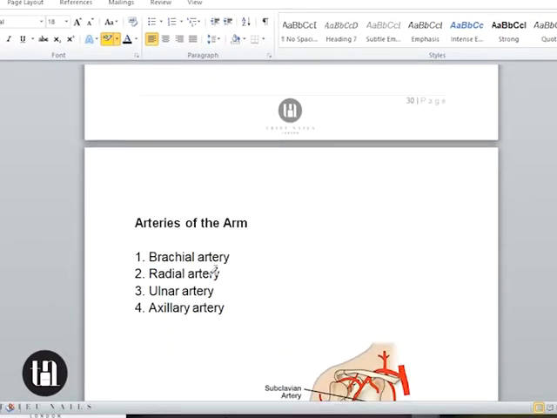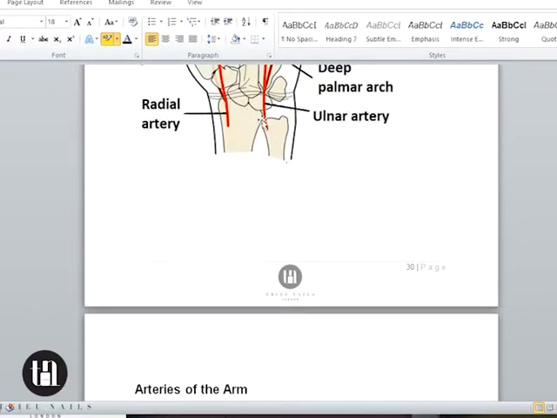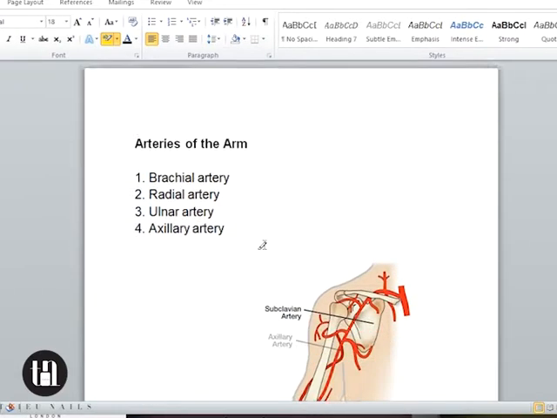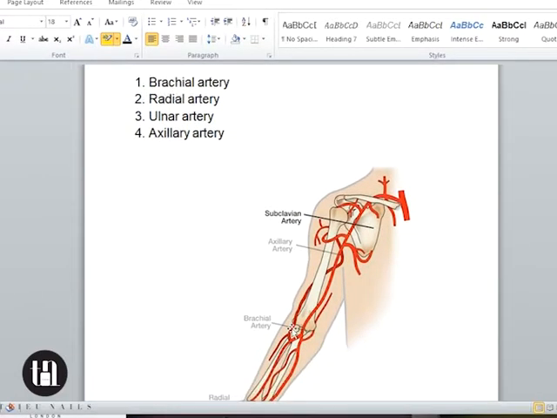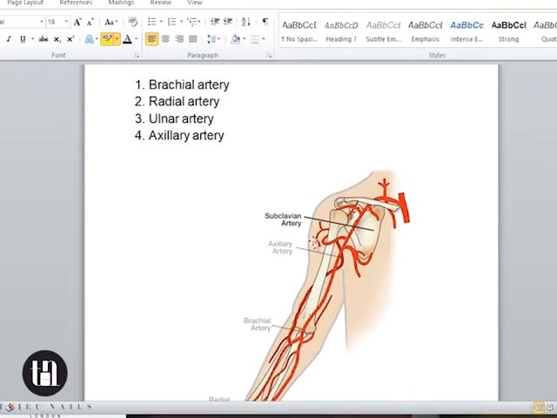Then we have the arteries of the arm: the brachial artery, the radial artery, the ulnar artery, and the axillary artery. The brachial artery is this part here, and then it divides into the radial and ulnar arteries, which are these two here, and then you have the axillary artery in the upper arm.